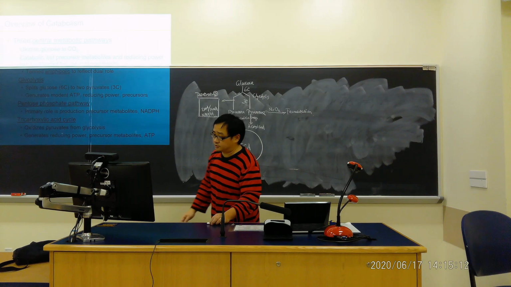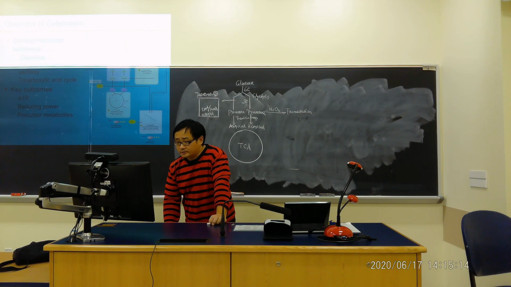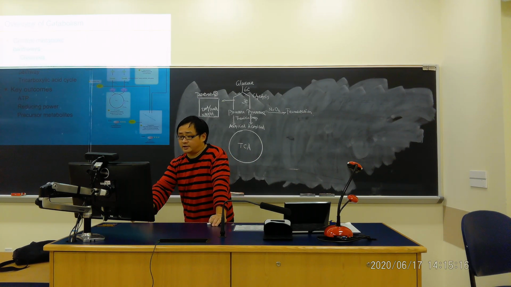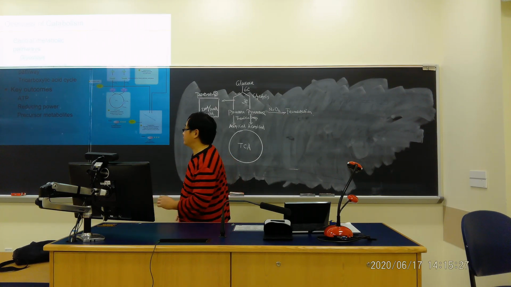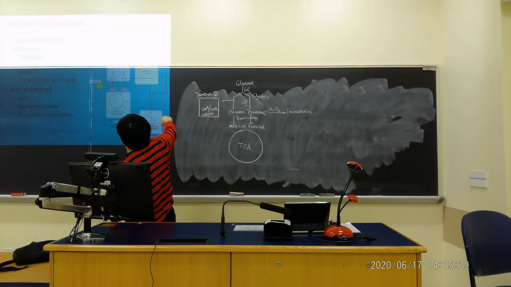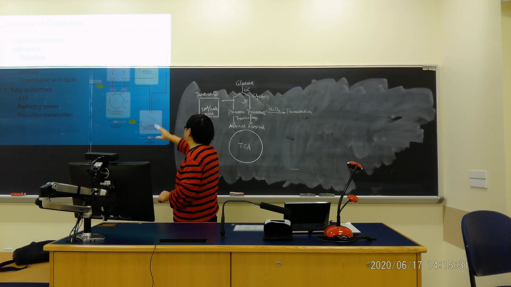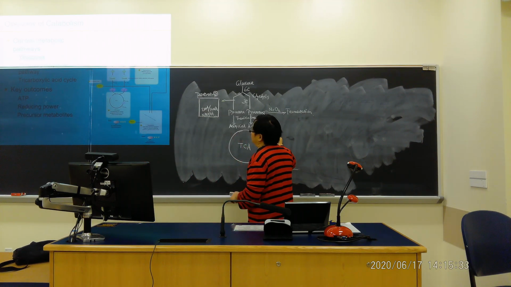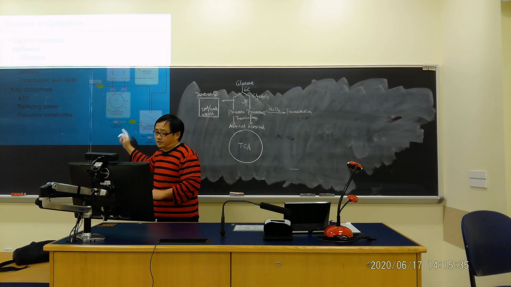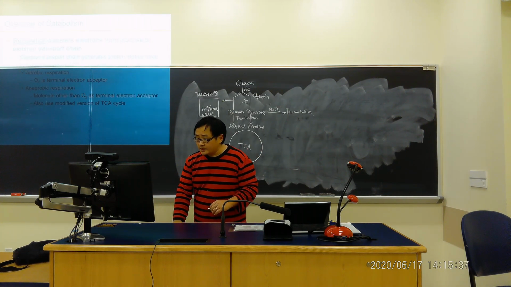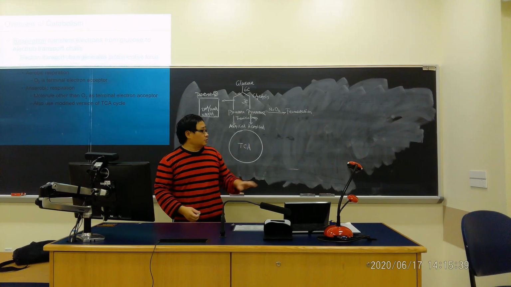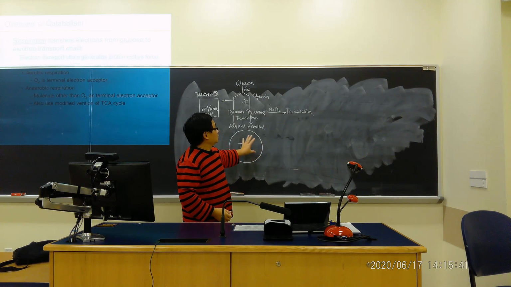Lots of chemicals we can talk about. Okay, this I already wrote there: glycolysis, pentose phosphate pathway, tricarboxylic acid cycle, and generate ATP, reducing power and the precursor metabolites. So we already talked about these. This is basically what I draw here, corresponding to the figure right there. So we're going to talk about this later on.